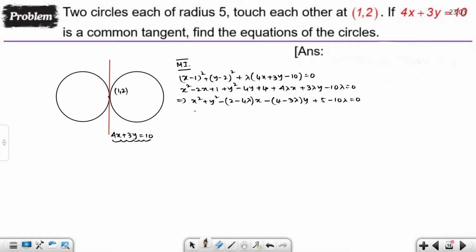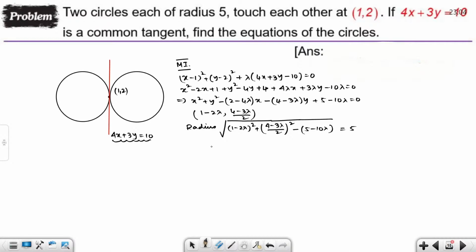So what is its center? The center is at this, and what will be the radius? Okay, and now by the problem they have said that the radius of the circle is equal to 5. Therefore, this will be equal to 5.